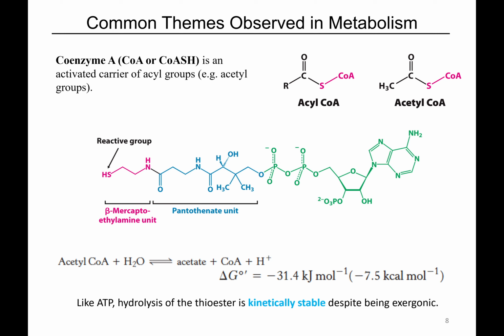The rest of NADH, the rest of FADH2 is really just decorations for enzymes to recognize and position molecules properly. This reactive thiol will readily react with a carboxylic acid or any other ester, and this sulfur can replace the oxygen in an ester or a carboxylic acid linkage to make an acyl-CoA.